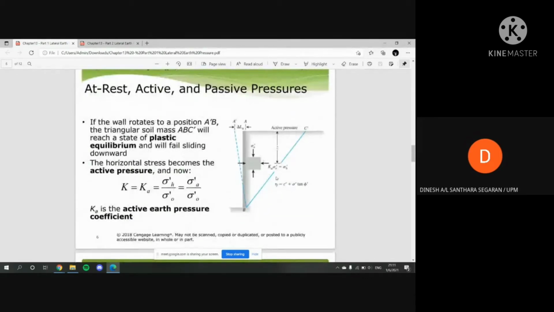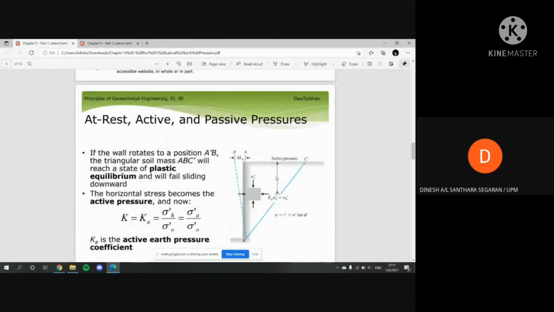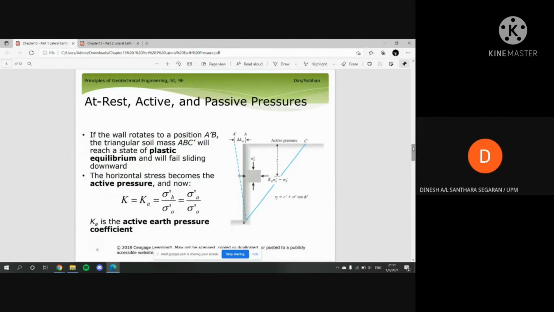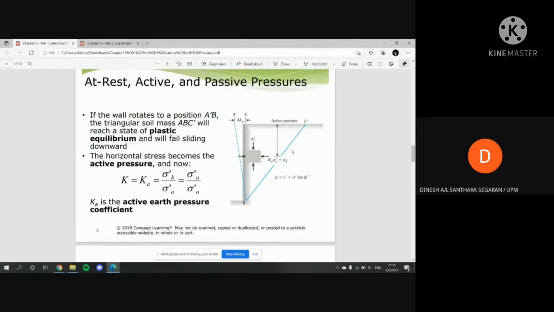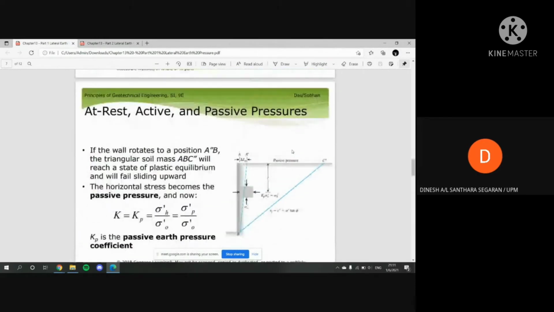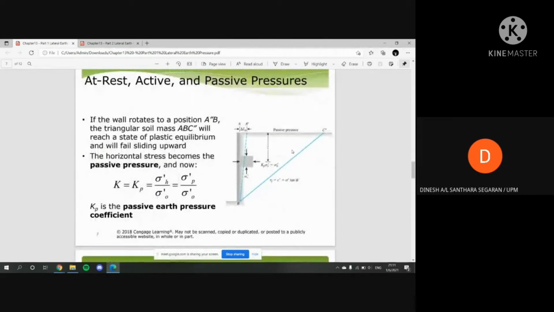Actually there are three states of lateral earth pressure: at rest, active earth pressure and passive earth pressure. Next slide. I think this also explains the formulas for active and passive earth pressure, Ka and Kp.